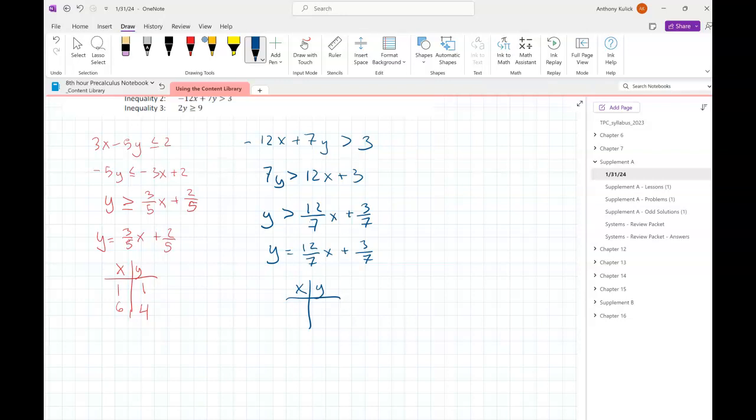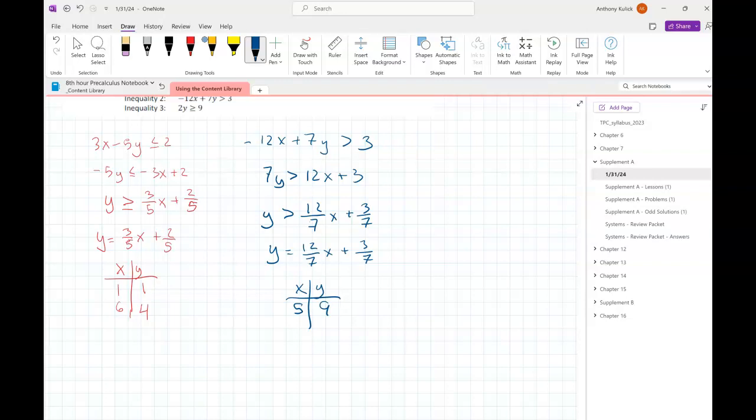20 plus 15, no. 27, no. 39, no. 51, no. Well, that won't work. 63, okay, 5. 5 times 12/6 is 60, plus 3 is 63. 63/7 is 9.